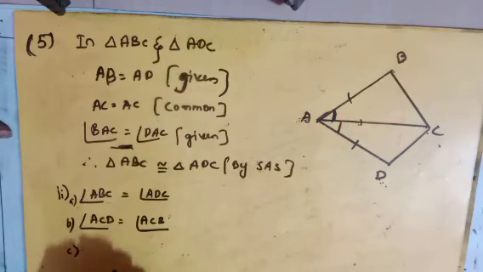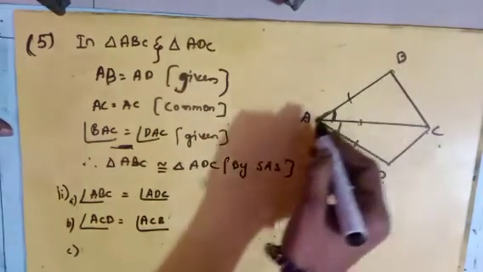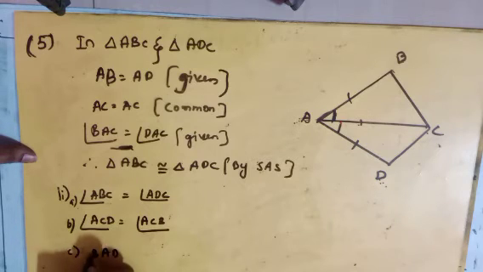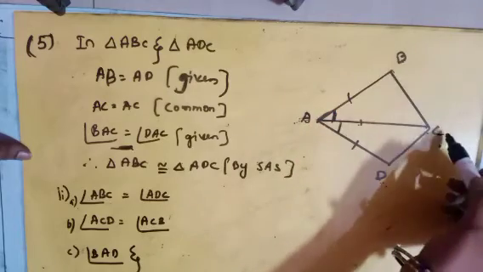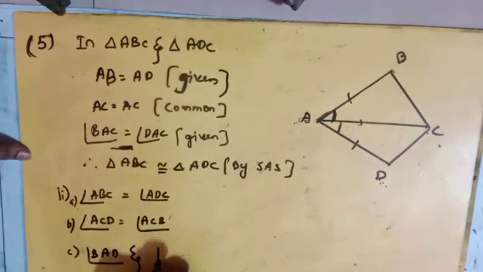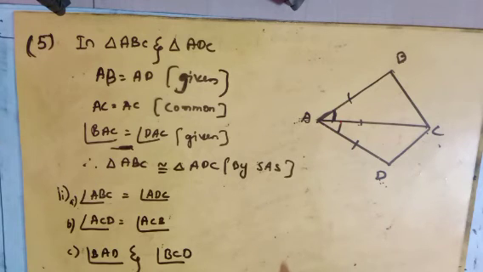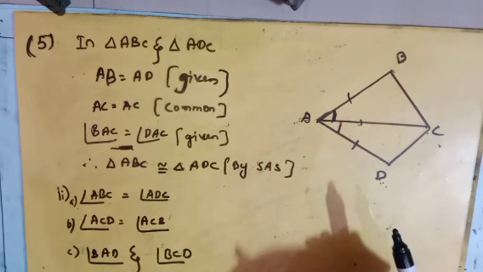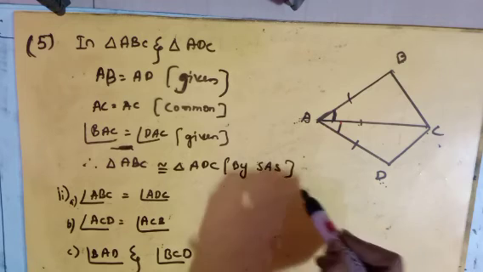It bisects the angle BAD and angle BCD. So this completes worksheet 2. We solved worksheet 2 by using the SAS congruency condition.